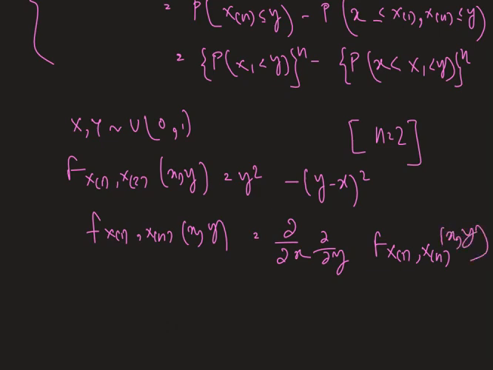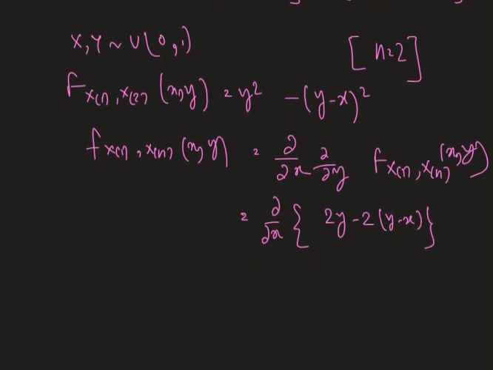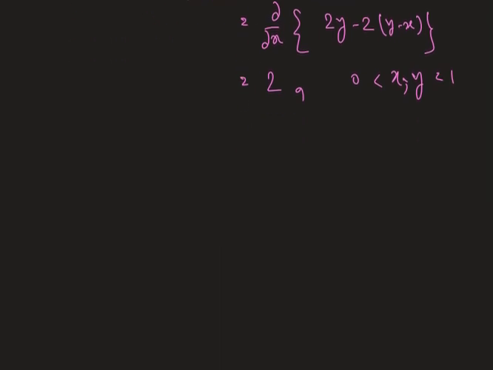So we get del by del x of 2y minus 2 into (y minus x), and next we have 2. Here x and y are in between 0 to 1.